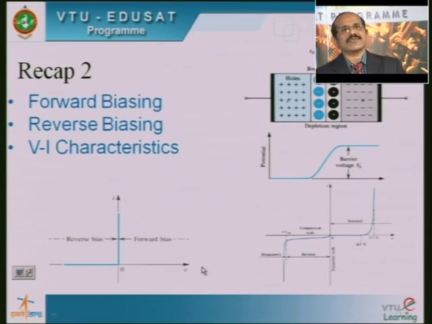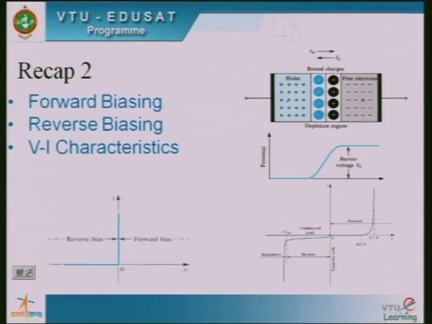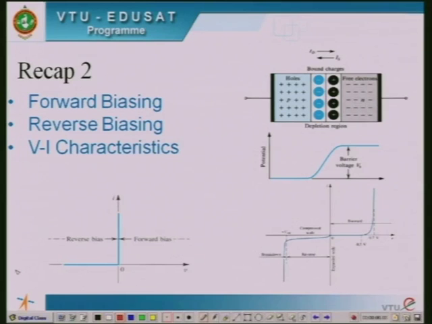And also we discussed the forward biasing of the semiconductor diode. Forward biasing means that the anode is connected to the positive terminal of the battery and the cathode is connected to the negative terminal of the battery.